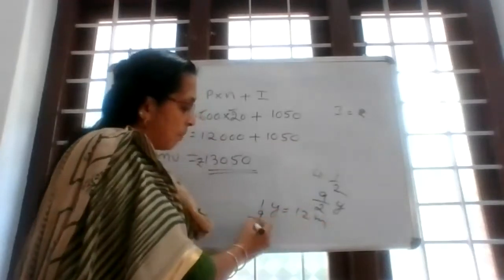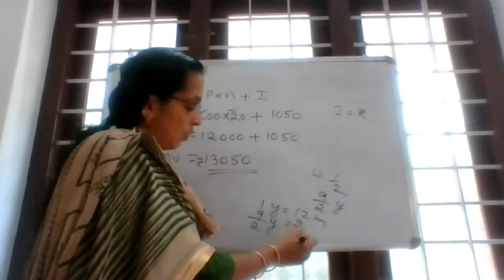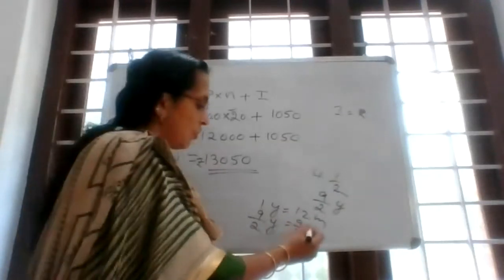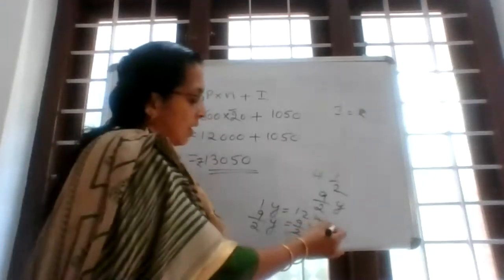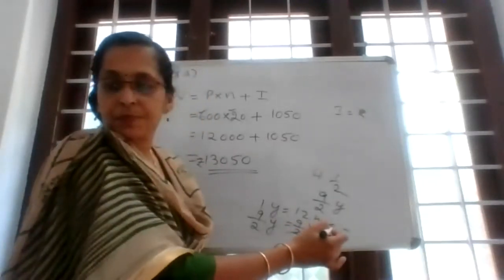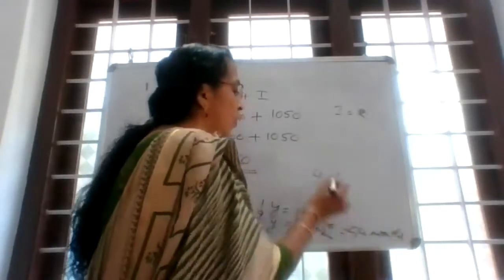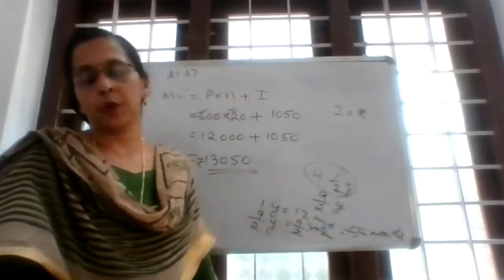So 9/2 years means 9/2 into 12. So 9 into 6, 54 months. So 4 1/2 years can be written as 54 months.